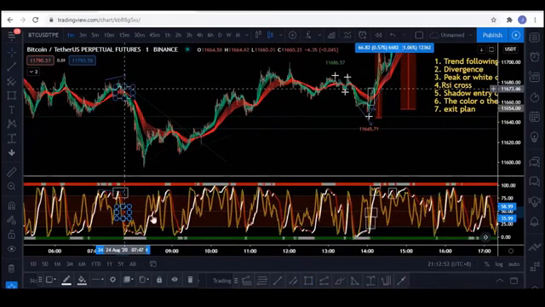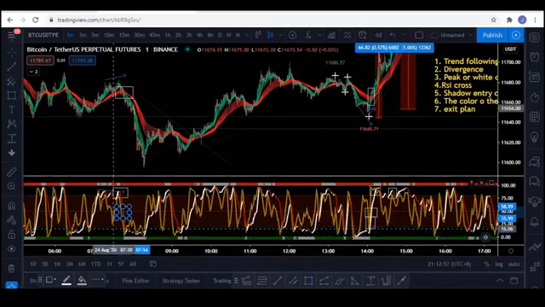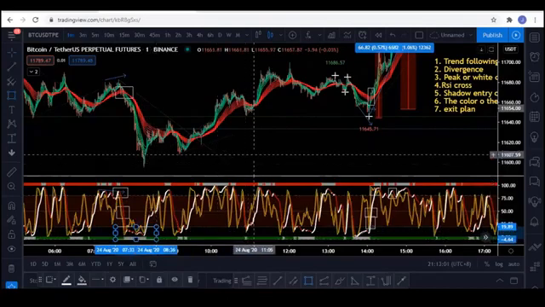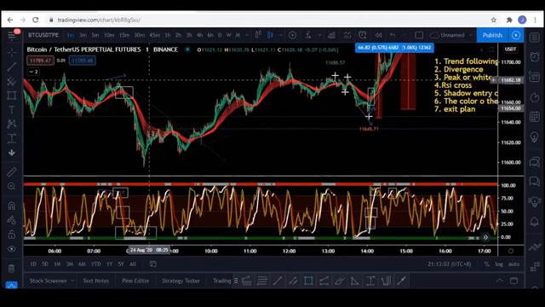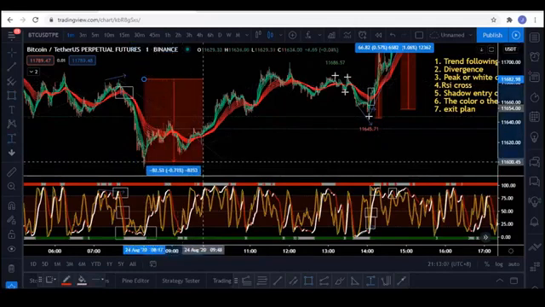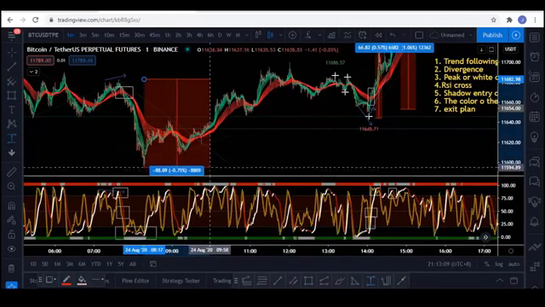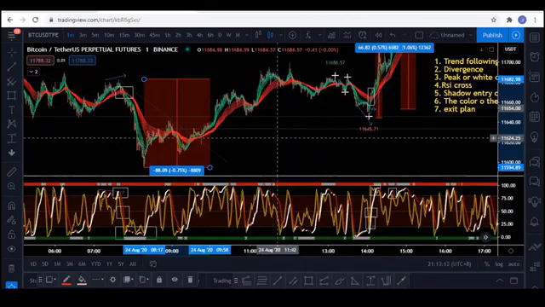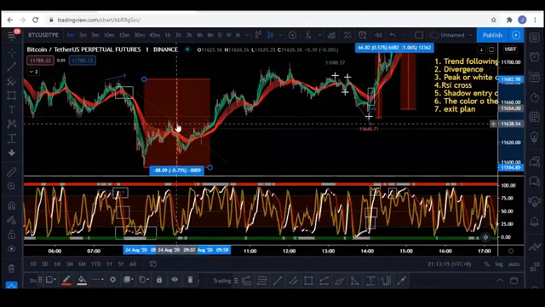Entry here, and then your exit is here in our oversold area. That is our exit point. From there, you entry here, and then you exit here. You already get a 75% in our 1 minute time frame. So that is our bearish scenario.